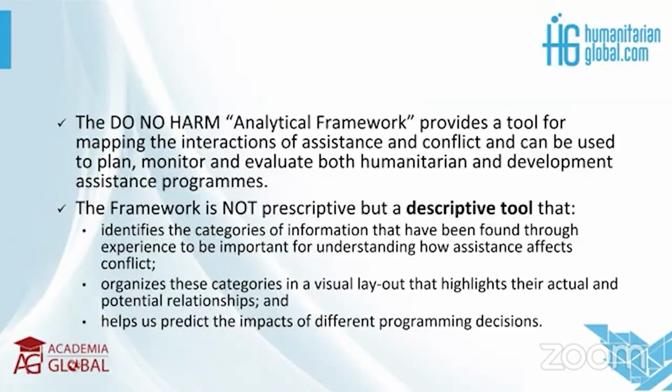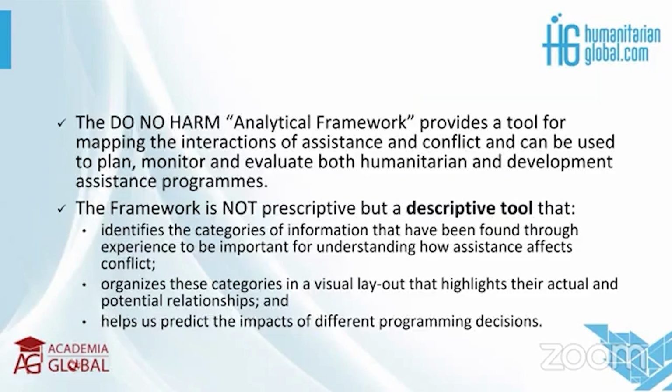It is also important to remember that this framework is not prescriptive, but it is a descriptive tool. Why? Because it will help you to identify the categories of information that have been found through experience to be important for understanding how assistance affects conflict. We'll see some of the lessons, 6 lessons actually.